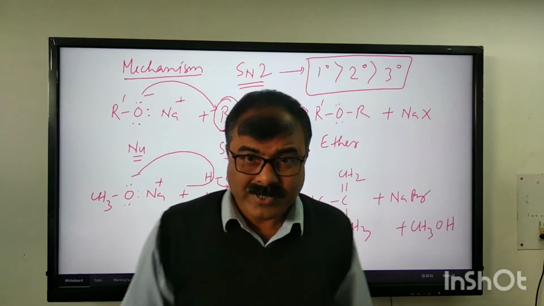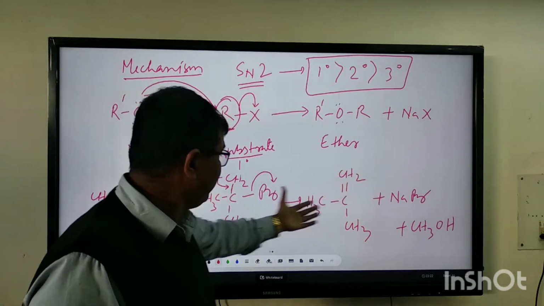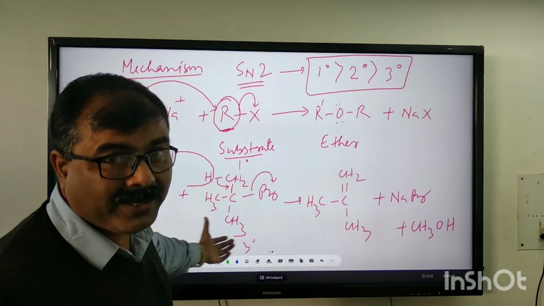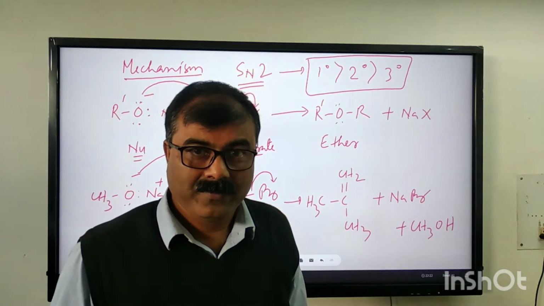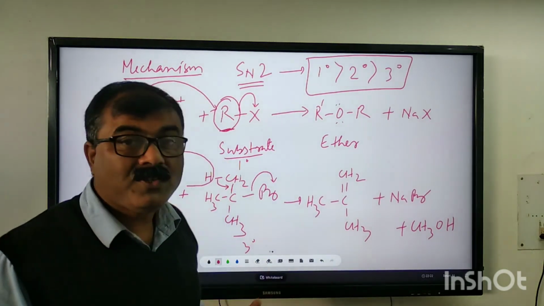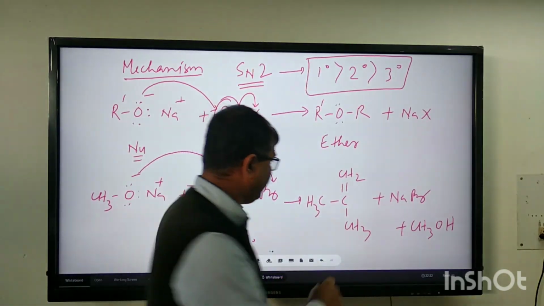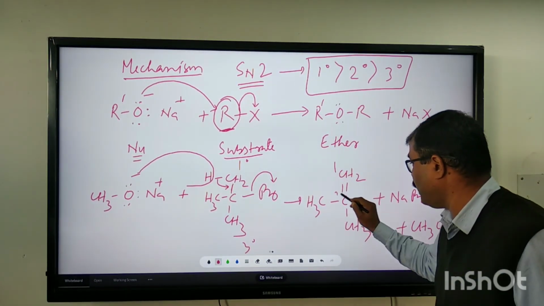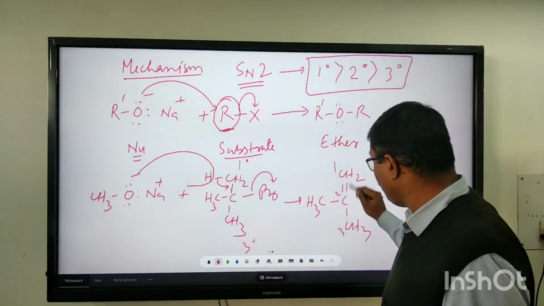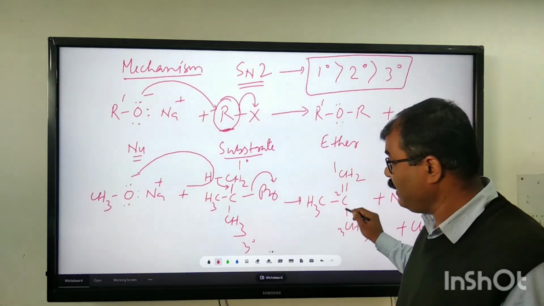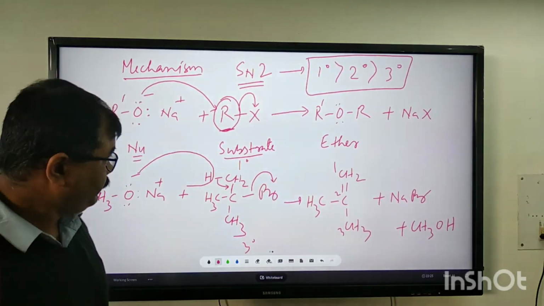So what I mean to say is, if secondary and tertiary alkyl halides are treated with alkoxide, substitution reaction does not take place. Okay? Here elimination competes over substitution. This is the eliminated product. You see what is the name of the product? 1, 2, 3. We are getting an alkene, 2-methylpropene. This is an elimination reaction.